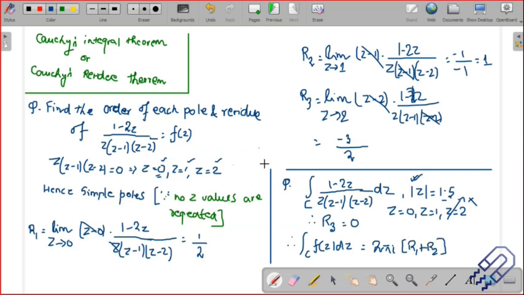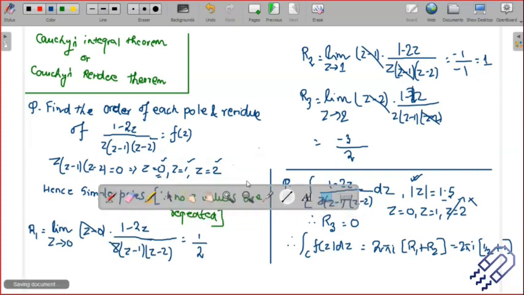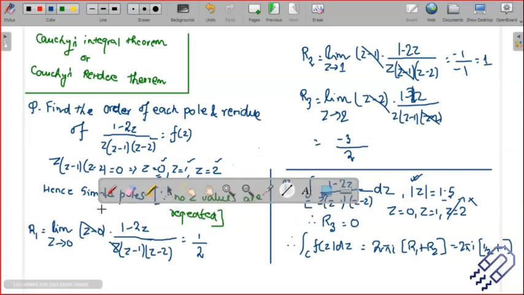R1 is half, R2 is 1, so it is 1 plus half, that is 3 by 2, the 2 gets cancelled, so it is 3 pi i.